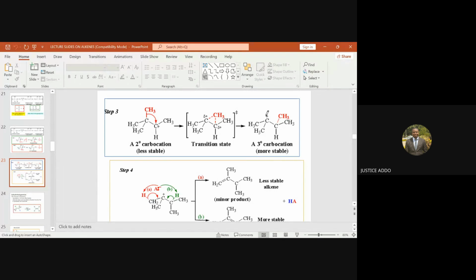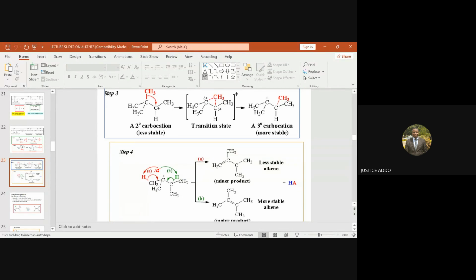Because of that, that carbon will assume a positive charge. Now, this carbocation here is a tertiary one, more stable than the secondary. So after shifting a methyl group to the carbon here, and now the positive charge coming here, we are now forming a tertiary carbocation, which is more stable.